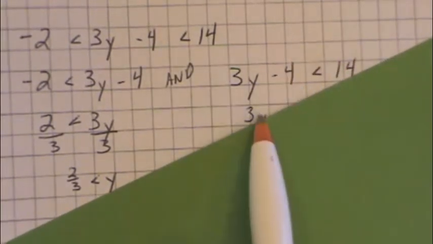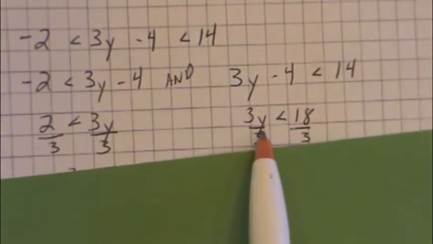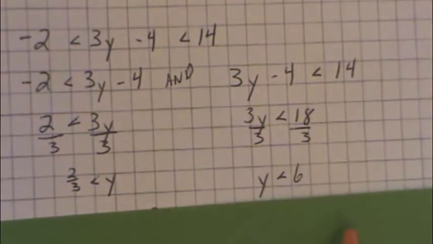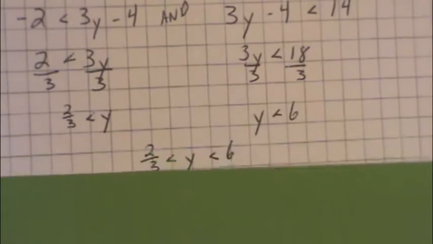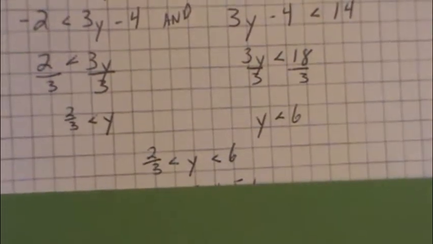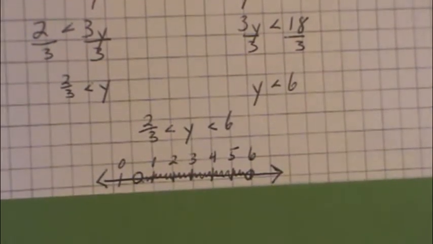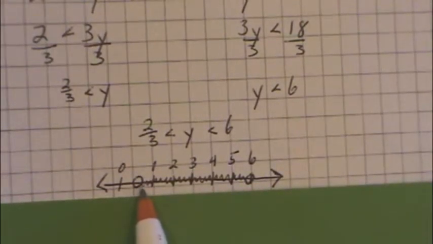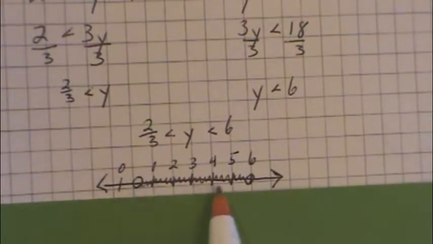Then I'll come back over here. 3y is less than 18, divide by 3, y is less than 6. Then when I bring them both back together, 2/3 is less than y is less than 6. There's my graph. I goofed up the spacing a little bit to try and show 2/3.